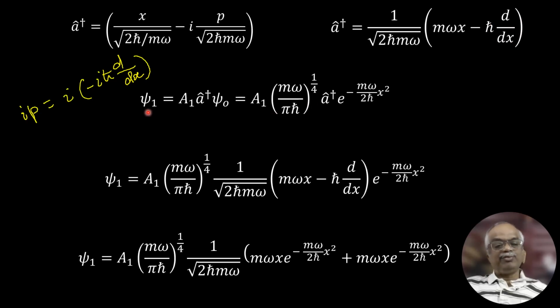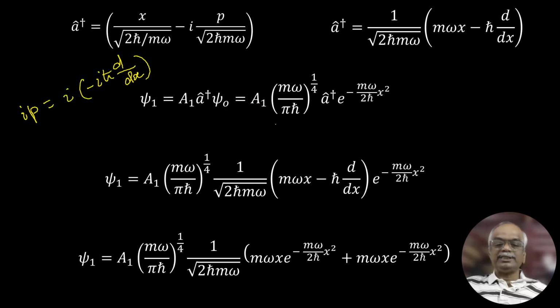Now in order to find the first excited state, let the creation operator act on psi naught. If the creation operator acts on psi naught, it changes the state from psi naught to psi 1, and with normalization constant a1, that also you have to keep in mind. Now you can write this as a1 times psi naught.